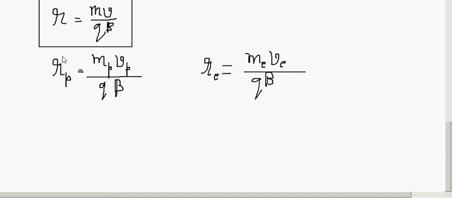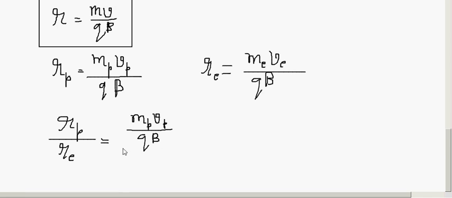Now take the ratio. Rp by Re is equal to mp Vp divided by QB, whole divided by me Ve divided by QB. Now a few things cancel here.